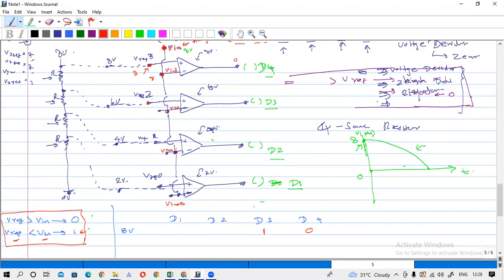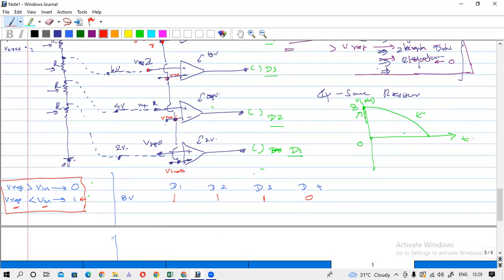Now if you consider this one, here it is 4, and this is 8. You can see that V in is greater than Vref. So this one is also 1, this one is also 1, correct?